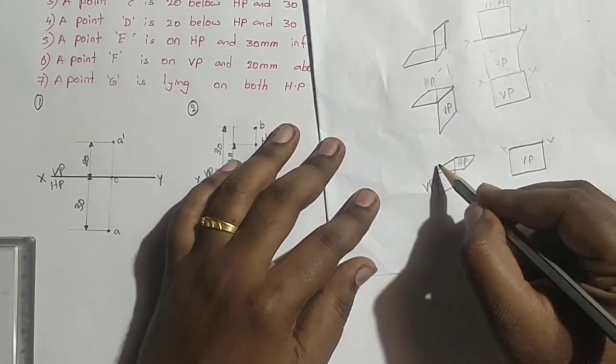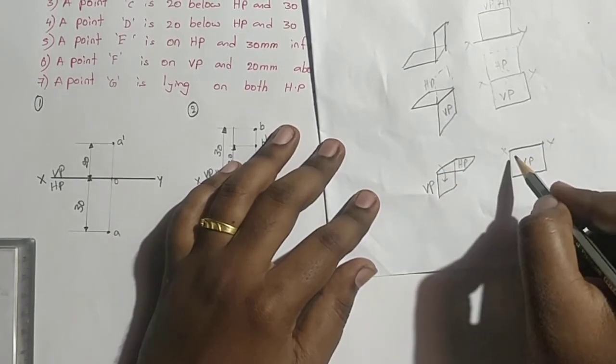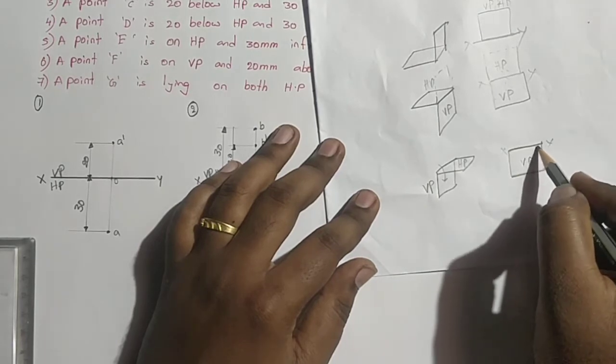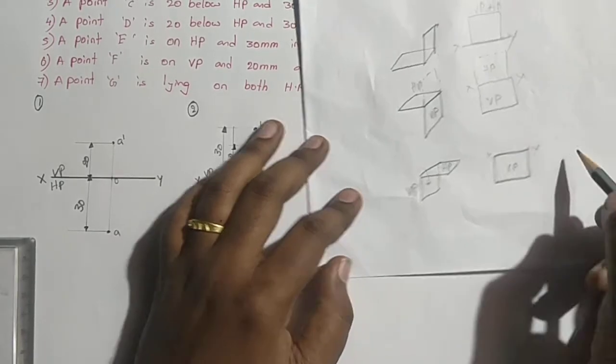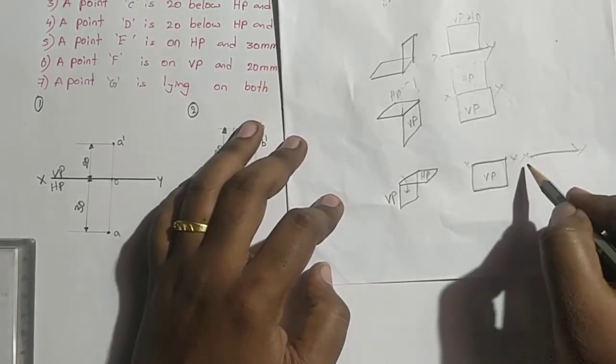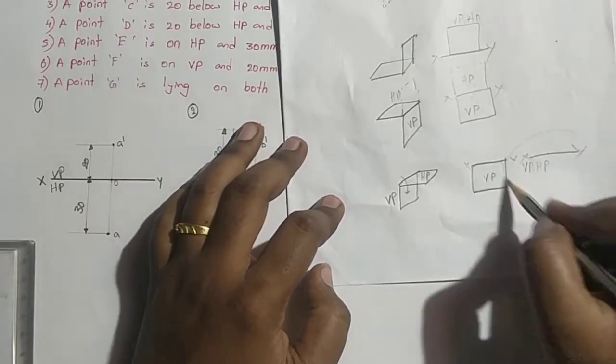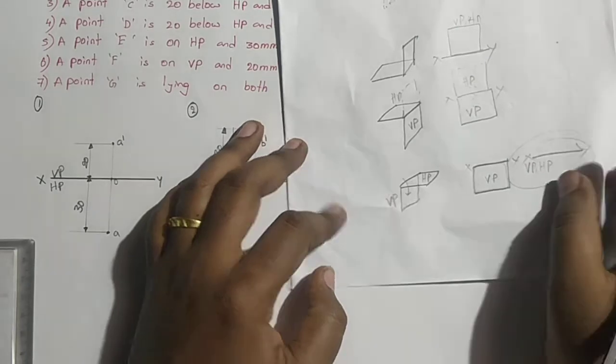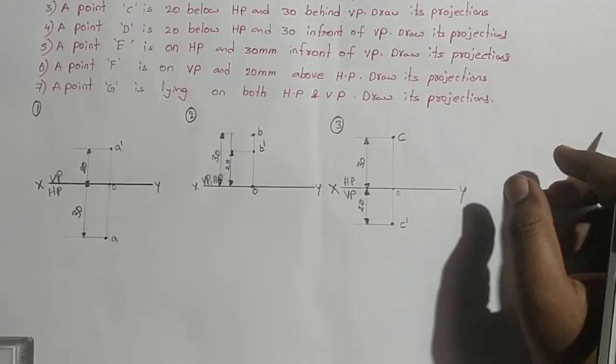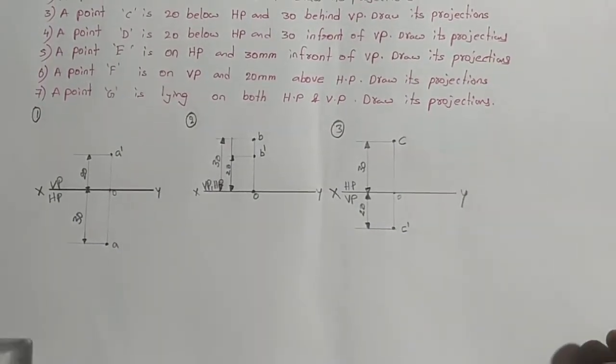The horizontal plane we rotate 90 degrees clockwise, so it will coincide with the vertical plane. For this condition, both VP and HP lie below the XY. For this, first we need to draw the XY.